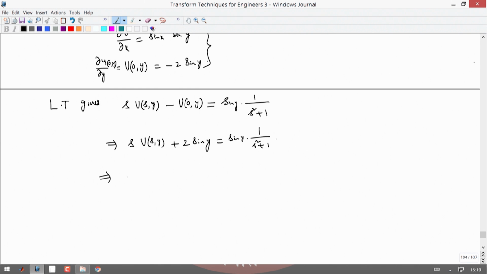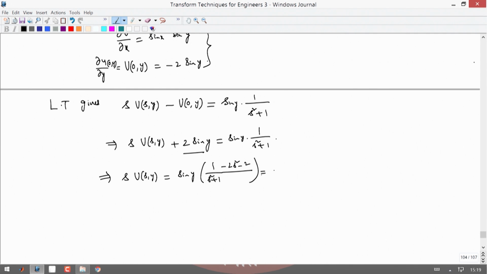So, if you now bring this to the other side, you get sin y common, 1 by s square plus 1 minus 2. So, you have minus 2 s square minus 2 divided by this.